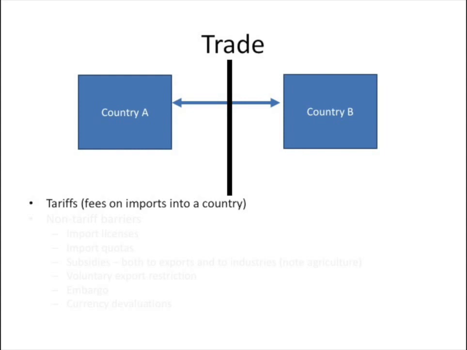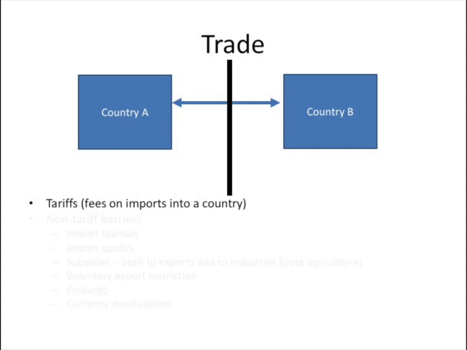Those fees, those taxes, those tariffs inhibit trade. It would make the goods from country A less competitive to those manufactured in country B, which may in fact be the reason for the tariff in the first place.